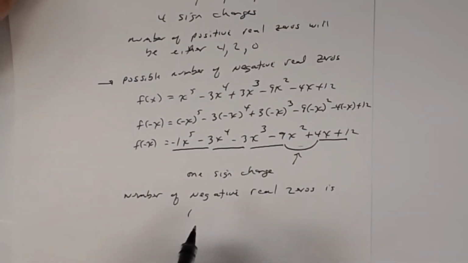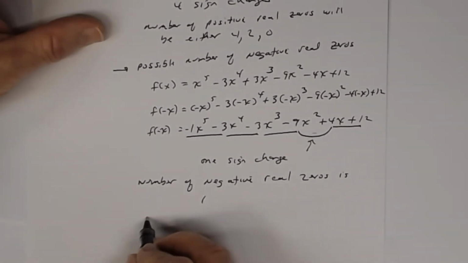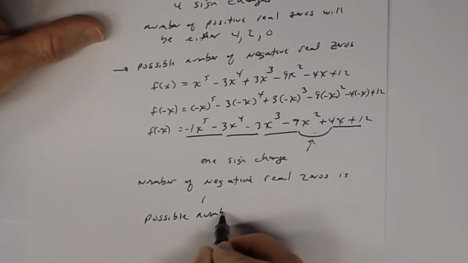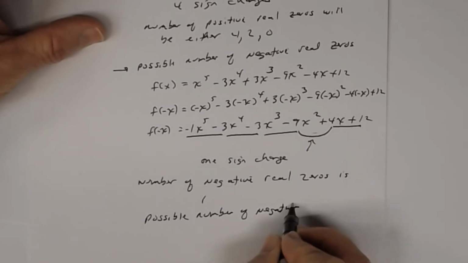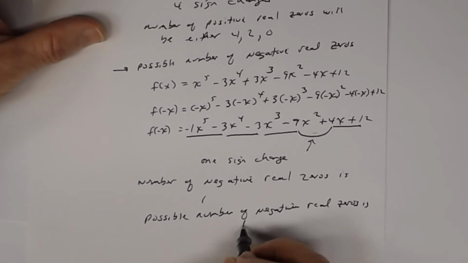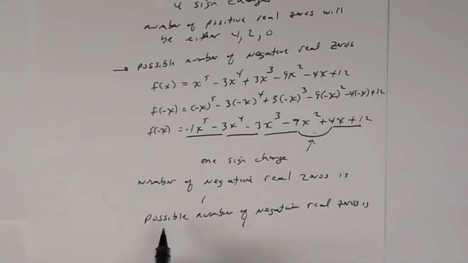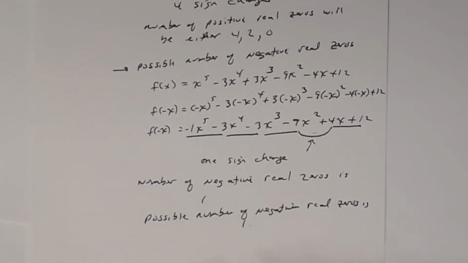You will have a real zero that's negative. That's what that means. All right. So the possible number of negative real zeros is 1. In fact, you can take the positive off because you know that according to Descartes' rule of signs, you're going to have 1.